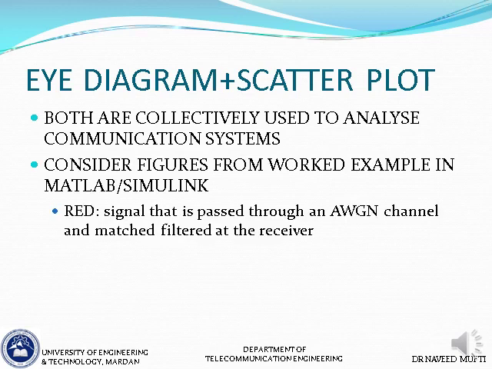You have to remember that in red is the signal that is passed through a noisy channel and then through a matched filter at the receiver, whereas the blue is a noiseless channel which is passed through a matched filter at the receiver. So the red has noise, whereas the blue one has no noise.